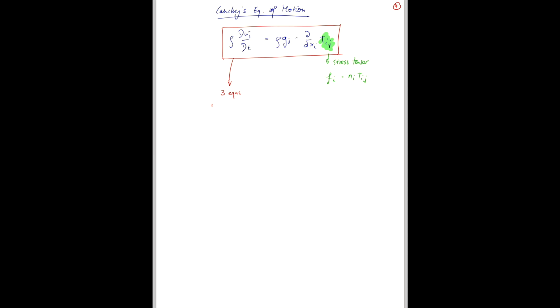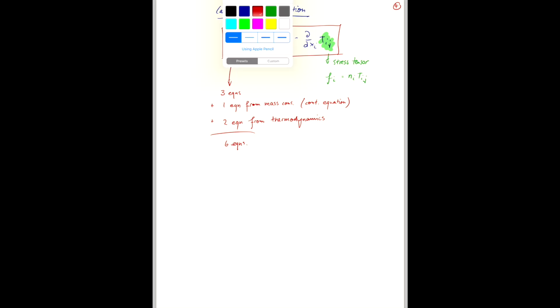We also derived one more equation from mass conservation. That was the continuity equation. And we can get two more equations from thermodynamics, which I'll skip here. That means we have a total of 6 equations to describe our system. Now, how many unknowns do we have?